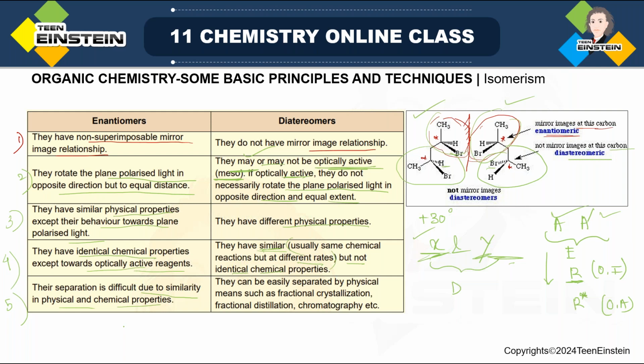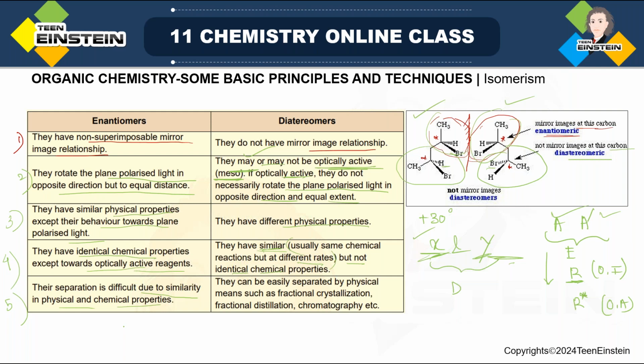Just take melting point. If their melting points are the same, how will you do crystallization and separate one of them? There must be some difference, right? If their boiling points are the same, you cannot use distillation. So there must be some difference in behavior. Otherwise, how will you separate?